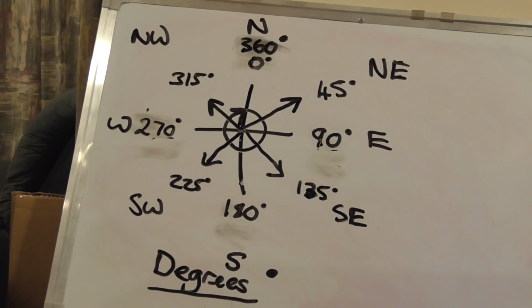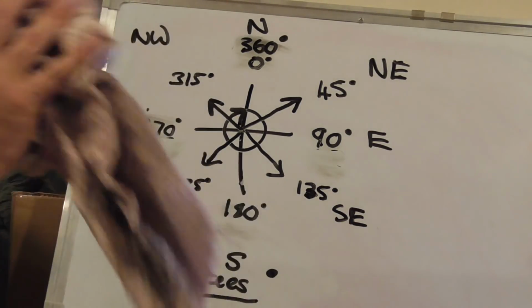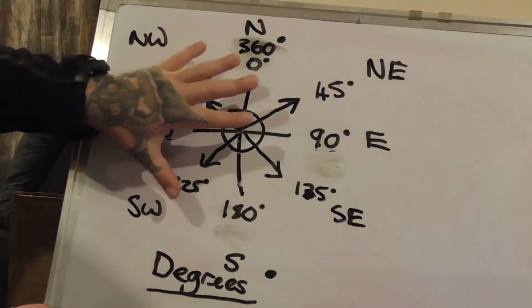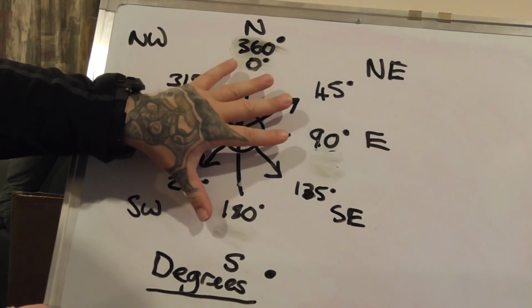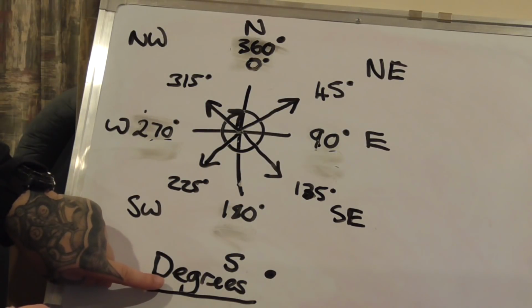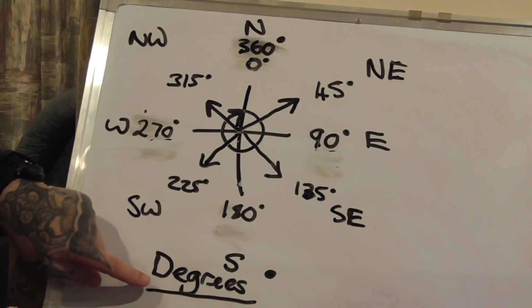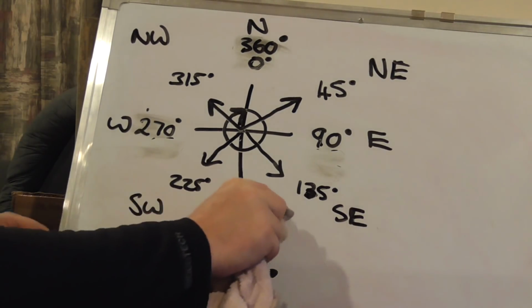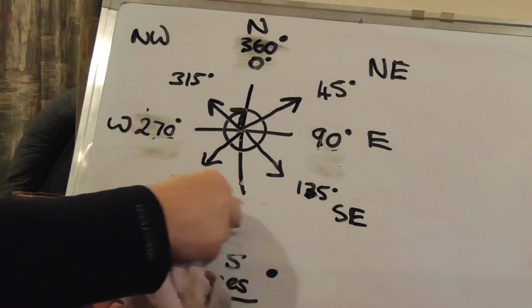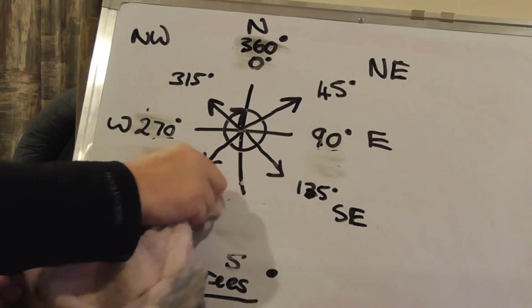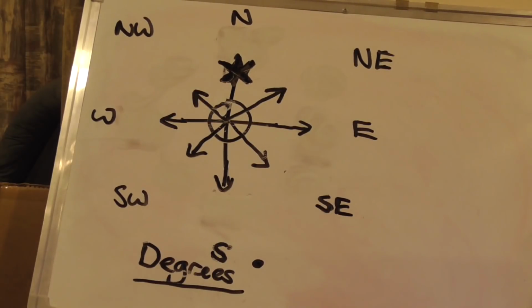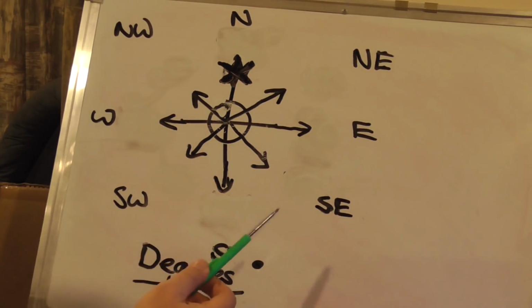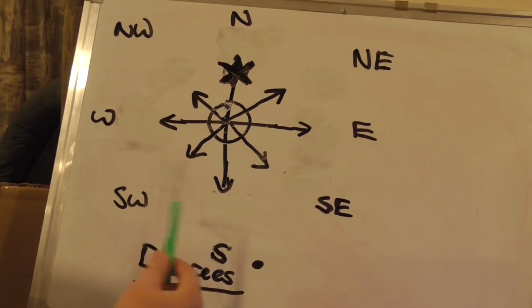The next one that we would use, now degrees for a compass rose, or on a compass, is used by a lot of civilians, but it's also used by military, especially the United States military.